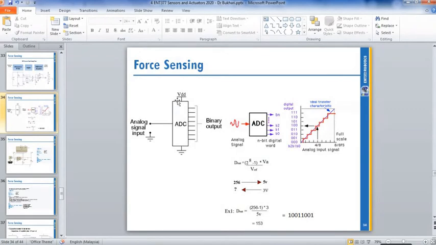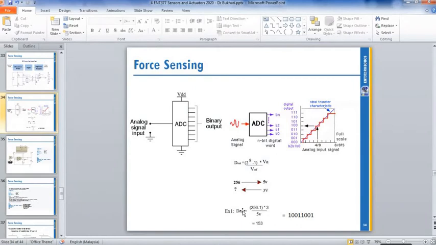The reference voltage is this one, VDD. If you supply 5 volt, Vreference is 5 volt. Multiply by VA, the analog input. So if your analog input is 0.1 volt, VA equals 0.1 volt. So you get your digital out.